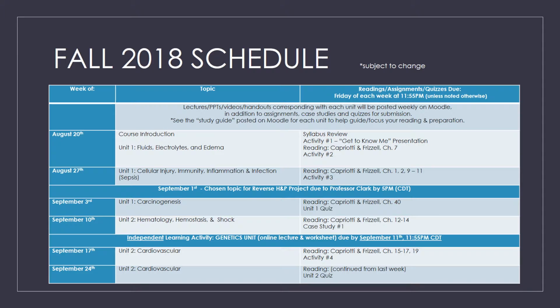And then the topic and those readings, assignments, and quizzes are what I expect you to work on during that week. Any assignments listed in that right-hand column, so in that first column you can see activity 1 and 2, any assignments for that week are going to be due that Friday at 11:55 p.m.